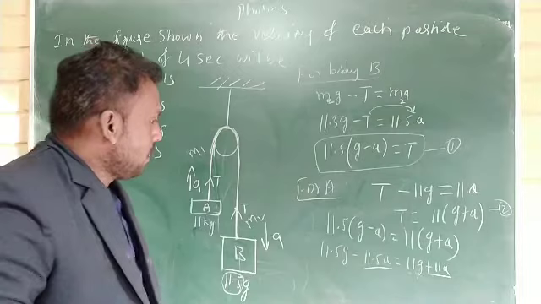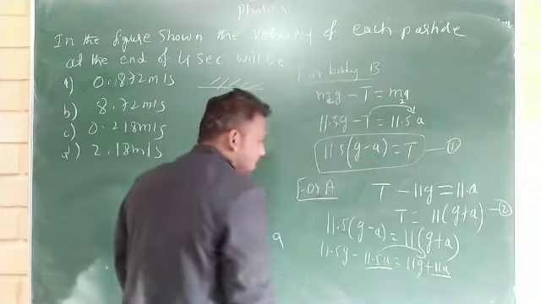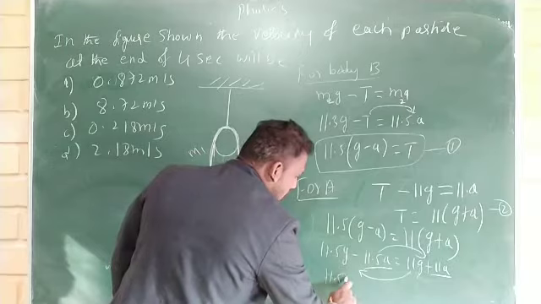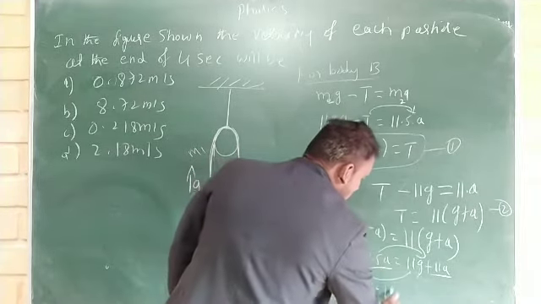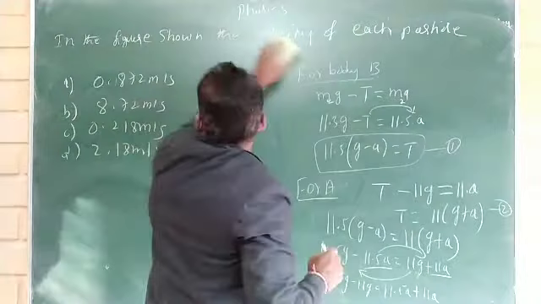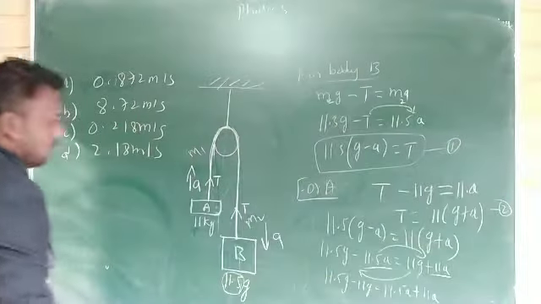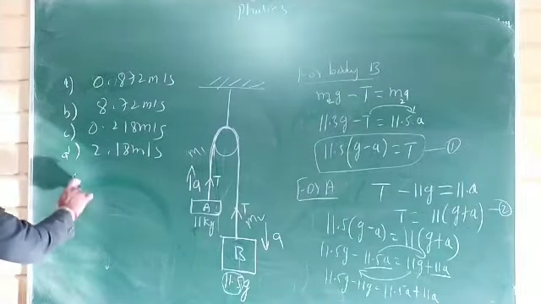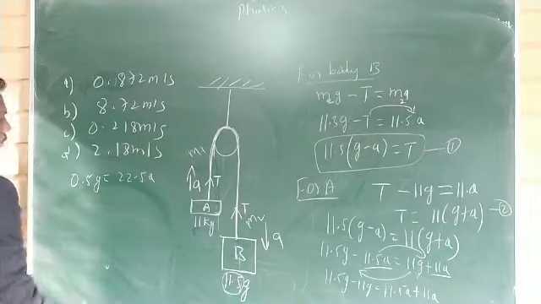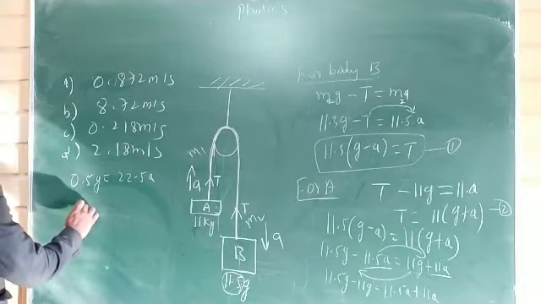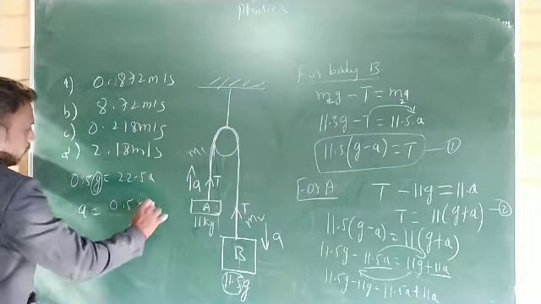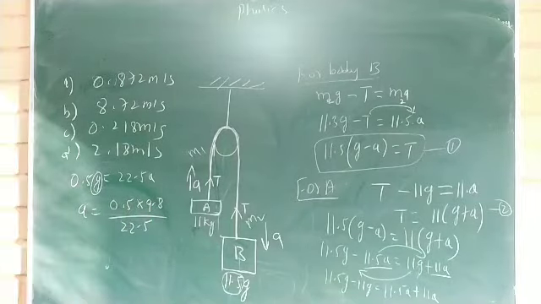The acceleration term comes to this side and becomes positive. 11.5g minus 11g is equal to 11.5a plus 11a. Therefore 0.5g is equal to 22.5a. Put g equal to 9.8: a is equal to 0.5 into 9.8 divided by 22.5.